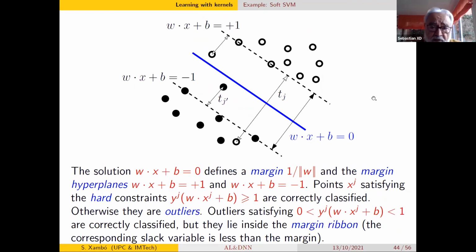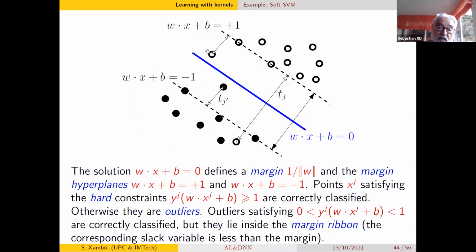Then you can have points that do not violate the initial constraints, like all these white points. There are two on the margin line, so these two are support vectors. But there may be some that have a positive slack, less than the margin. So they are still on the right side of the hyperplane, but they are in the ribbon given by the margins.